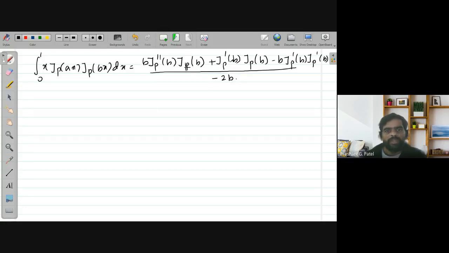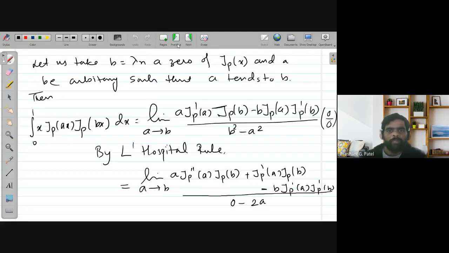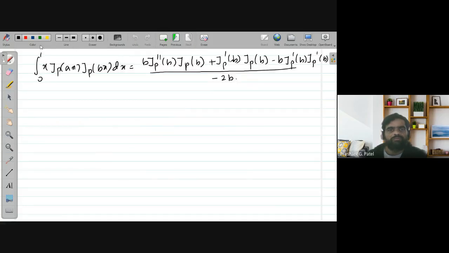Now what is Jp(b)? It is the zeros that we have taken, that b is a zero of Jp(x). So that means this value will tend to 0 and this value will tend to 0. So only this one is left. So this is equal to 0 plus 0 minus b Jp'(b) square upon minus 2b.